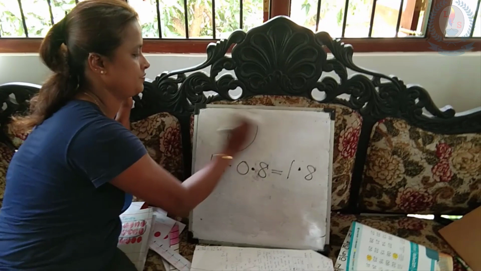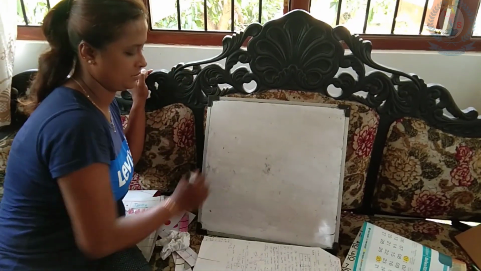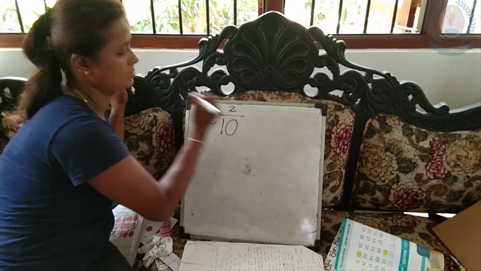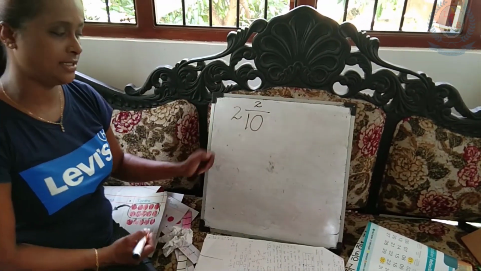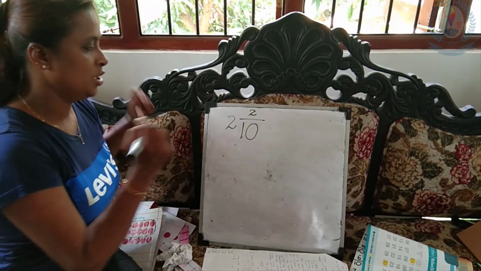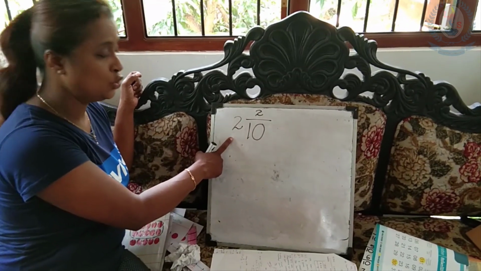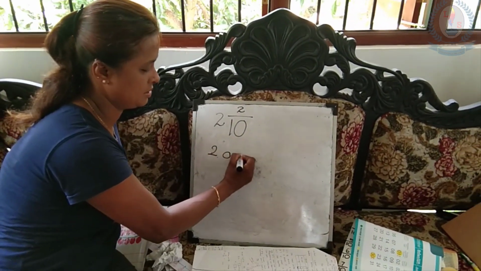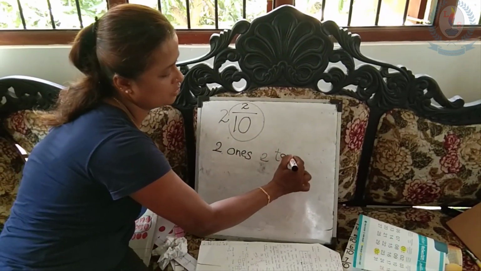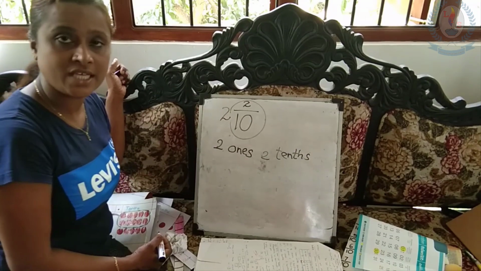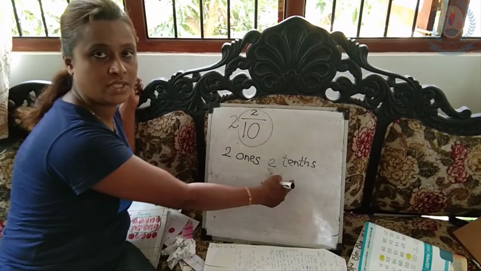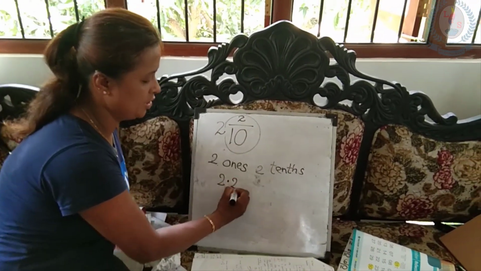Another one. 2 and 2/10. How can we write this as a decimal? 2 is the whole number. It represents 2 ones. This represents 2/10. In both methods, we can do this. You can add, or you can write this as 2 ones, 2/10 and write it as a decimal, 2.2.